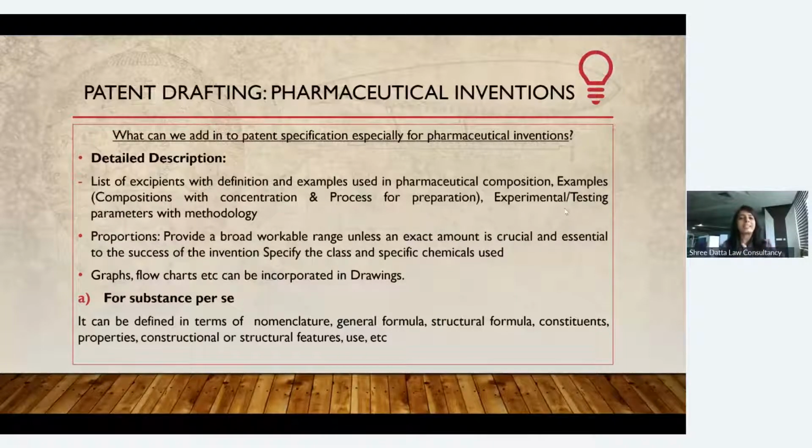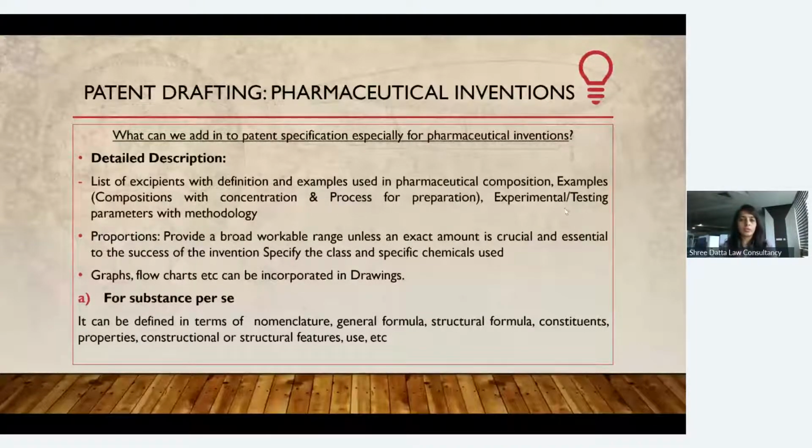So if you select the pharmaceutical-related invention for drafting, then what can you write? They have given you the details, but you have to put the details into the particular sections or segments of patent Form 2.